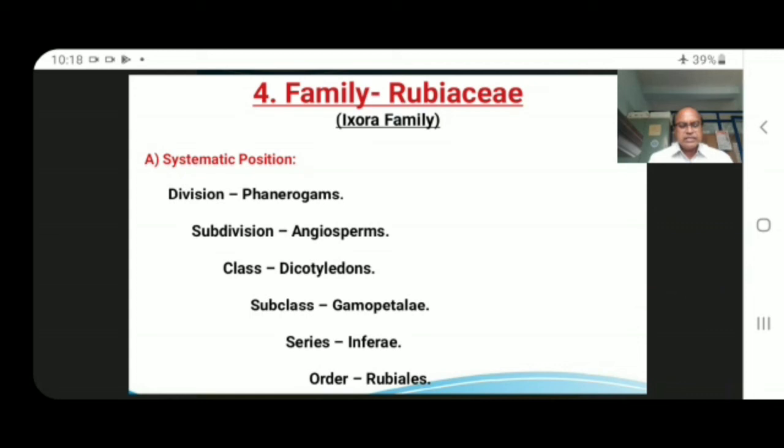It releases digestive juice and cures stomach problems. The next example is Hamelia patens. It is a showy ornamental plant cultivated in gardens. It may be a botanical garden or it may be public gardens.